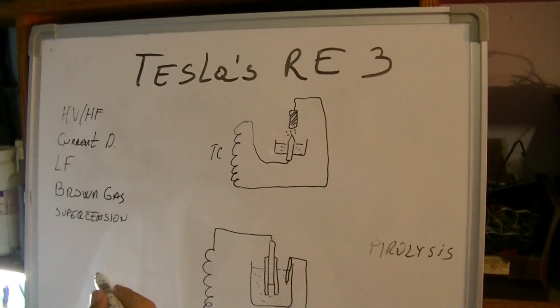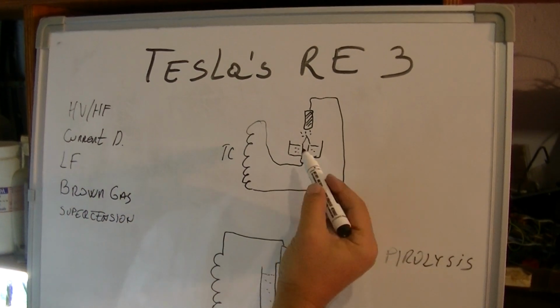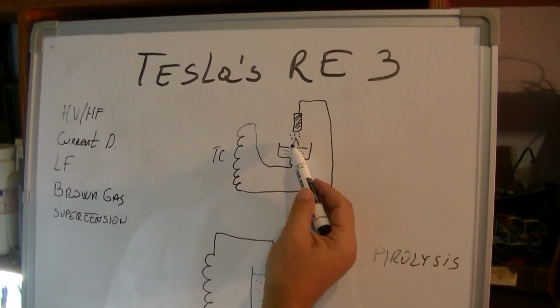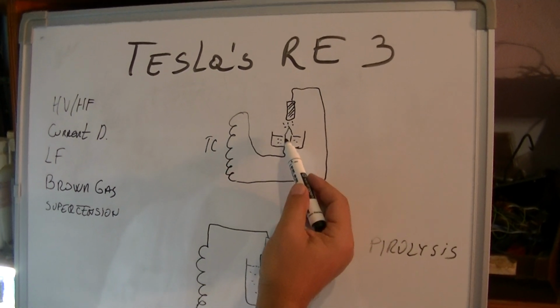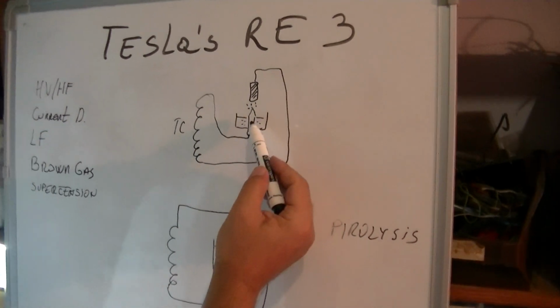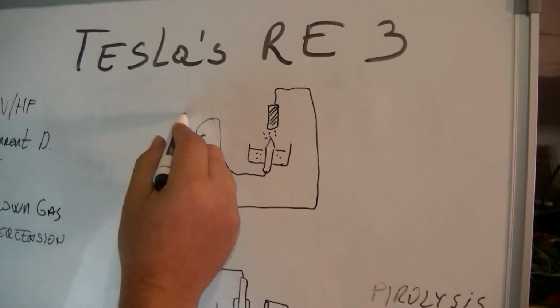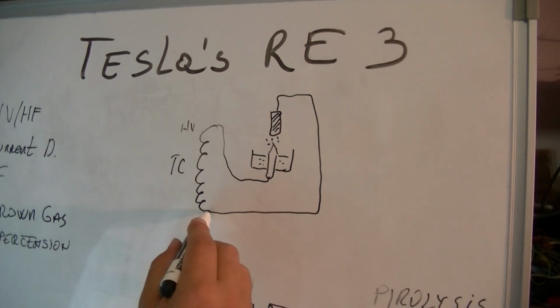I tried to split the water that way. I put the iron sharp, actually a nail, on the bottom of a vessel with water, and it was on the high voltage terminal of the Tesla coil.